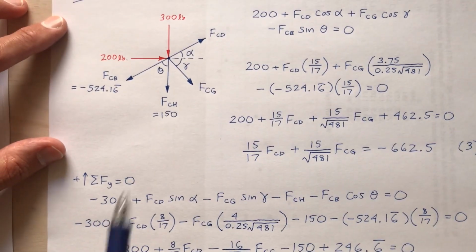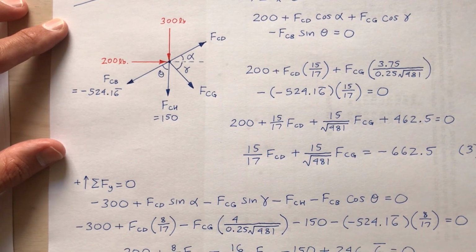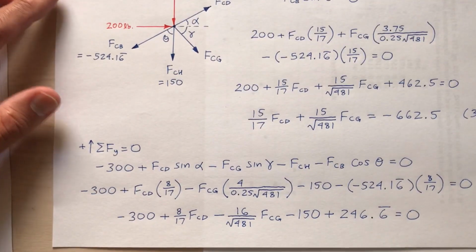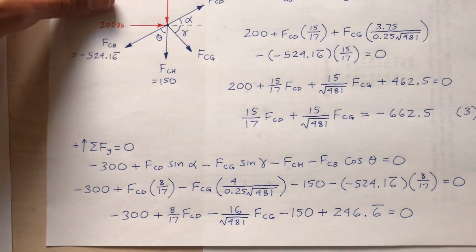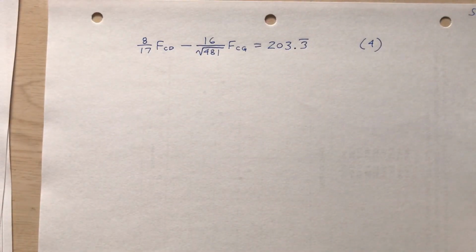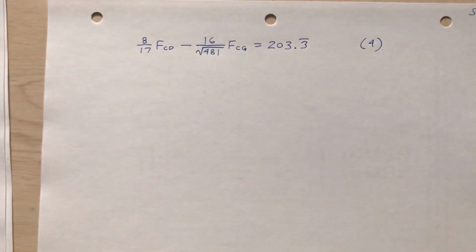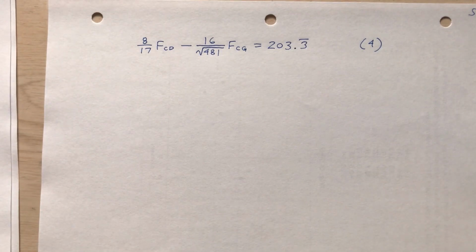So that's the vertical component of this vector. Watch that double negative in there, you do need that. Okay, so I clean it up there at the bottom, and then going on to the next sheet, I wind up with this equation. So two equations and two unknowns, equation 3 and equation 4. So I'm going to solve those simultaneously to find F sub CD and F sub CG.